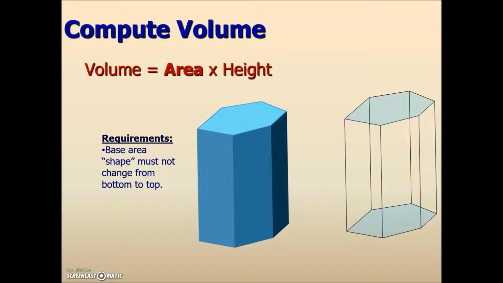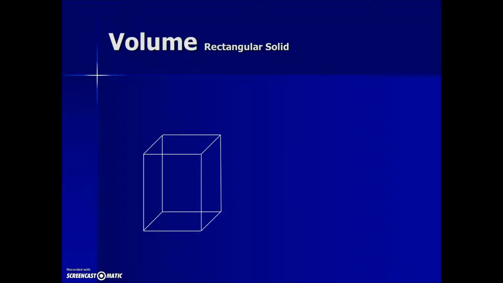If this is true, we can continue on, provided that these two faces or bases are parallel to one another. If they are, then we can compute the area and then the volume.